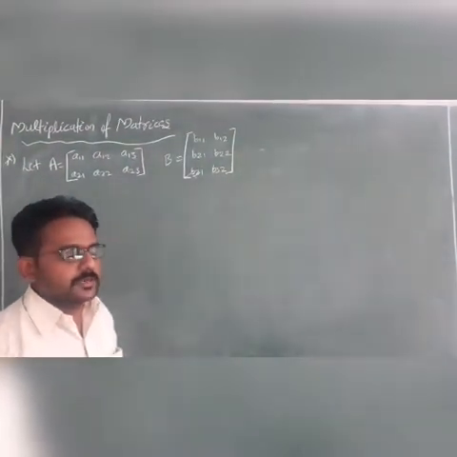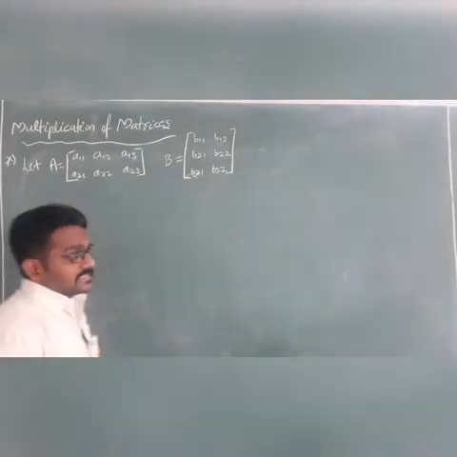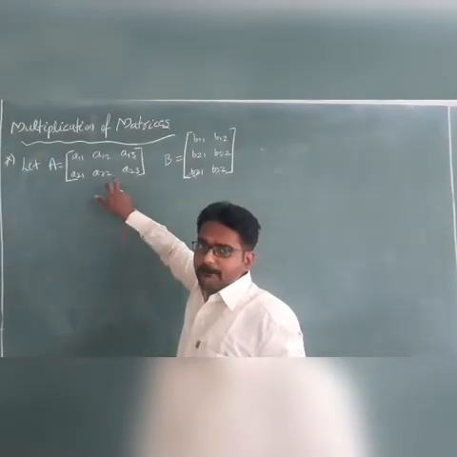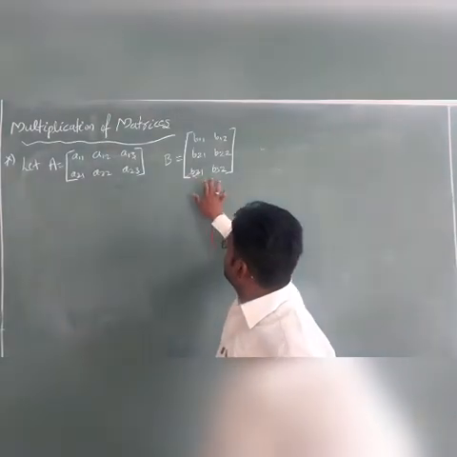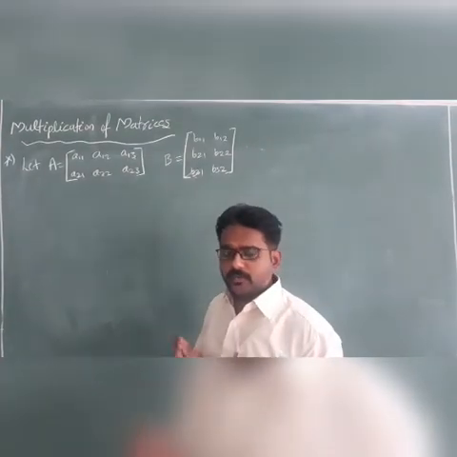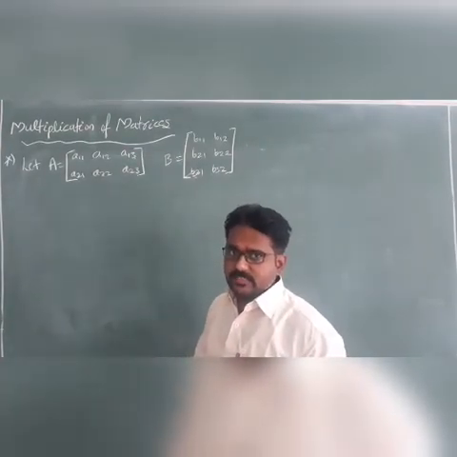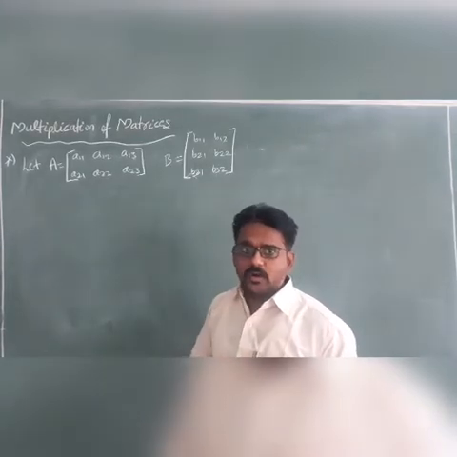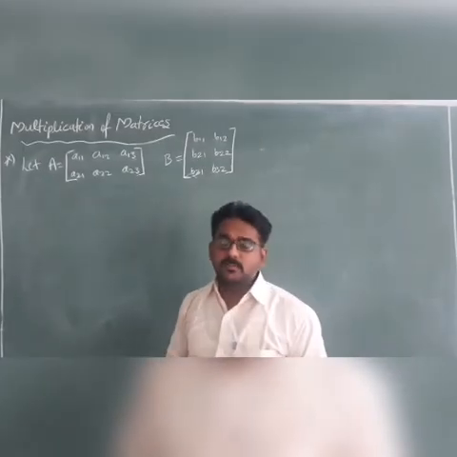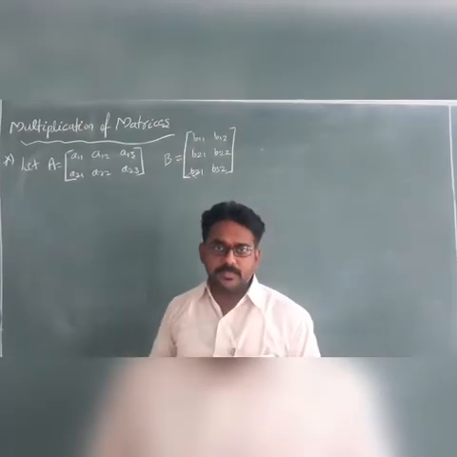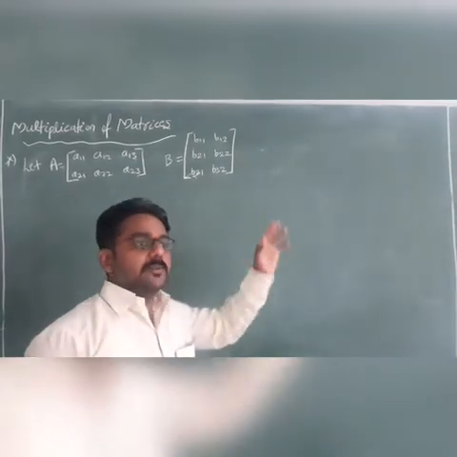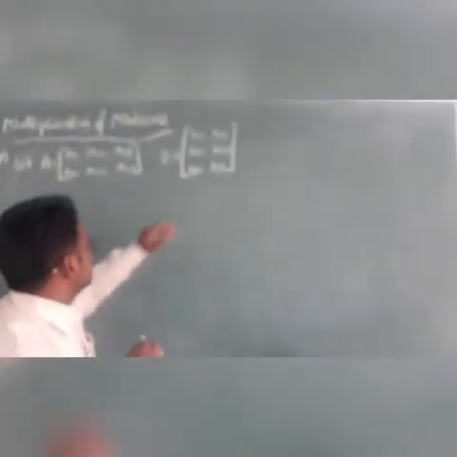What I mentioned there: the number of columns of the matrix A should be equal to the number of rows of the matrix B. Then the new matrix is obtained, or the product of the two matrices exists. We take the ith row of the matrix A and the kth column of the matrix B, do the element wise multiplication and take the sum of all the products. Okay, I mentioned that.